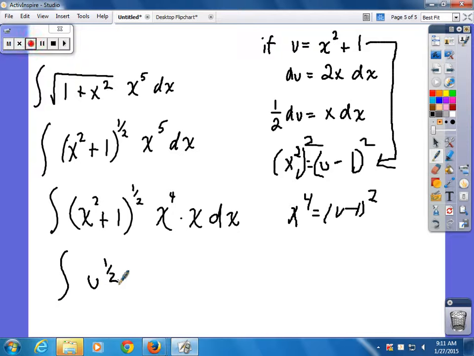Everybody with me? X to the 4th is what? What did I tell you x to the 4th was? u minus 1 raised to the what? Second power. And then x dx is equal to what? 1/2 du.